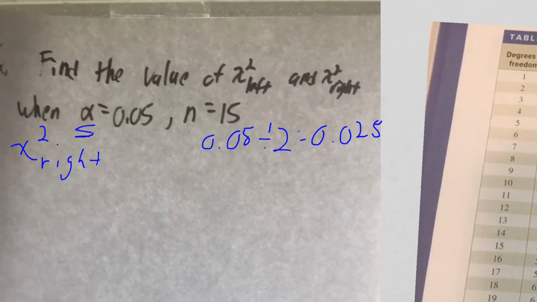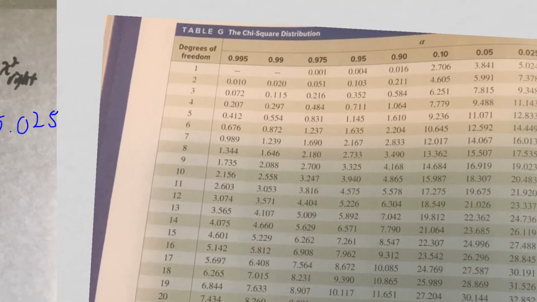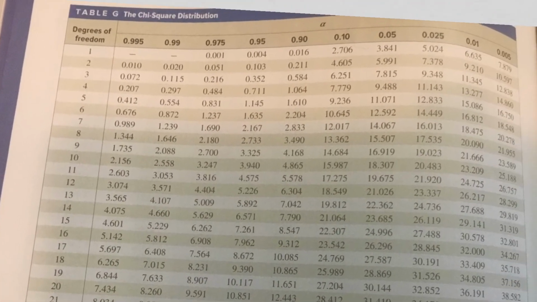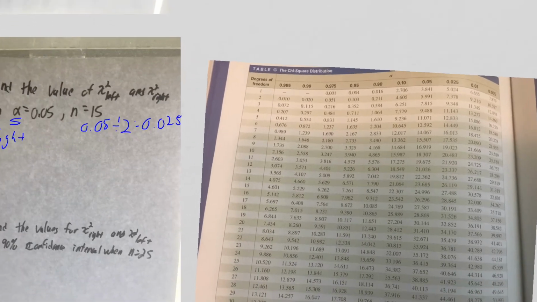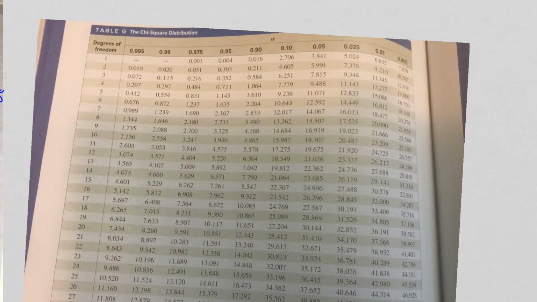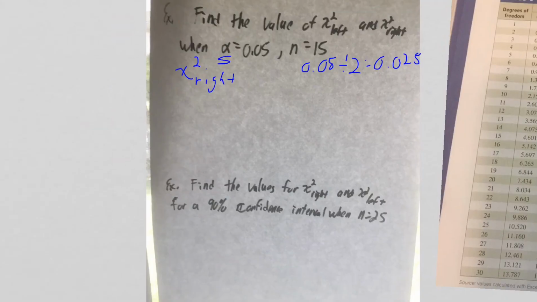It did say that your sample size was 15, so we have to subtract 1 from that. If we look at it, the 0.025 is here. We want our degrees of freedom of 14, and we go over here, and our chi-squared would be 26.119.